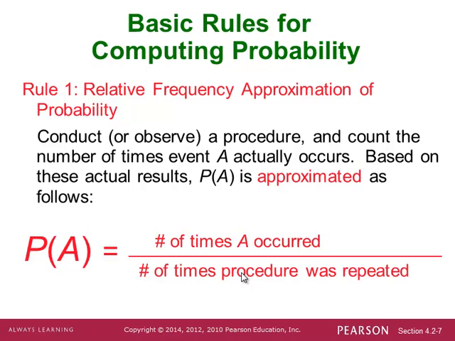So, for example, suppose that we want to calculate the probability of a head coming up for a coin. Well, what we could do is flip the coin 1,000 times, and of those 1,000 times, suppose that 111 heads came up. So you take 111 divided by 1,000.